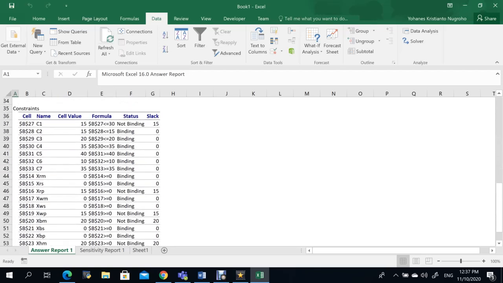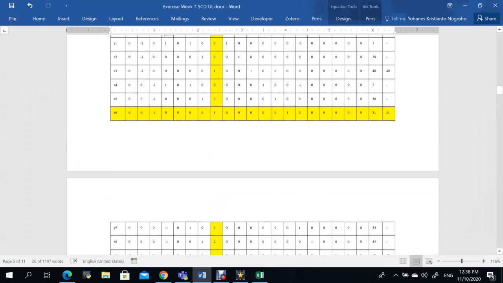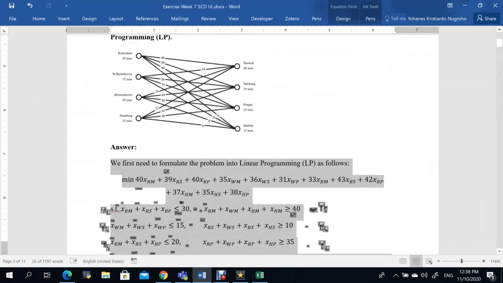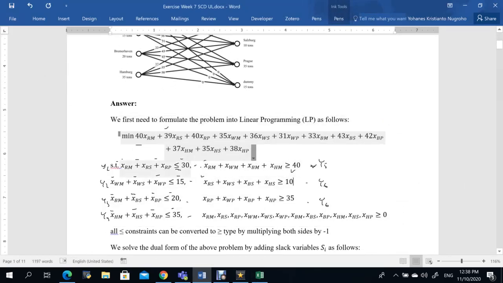And here, what is the meaning of binding and non-binding constraint? Non-binding constraint means that the solution has some kind of slack variable, meaning that it is not used at the optimal, at the maximum capacity here. For constraint number 1, for instance, XRM plus XRS plus XRP less than or equal to 30, meaning that the accumulation of XRM plus XRS plus XRP is not equal to 30.